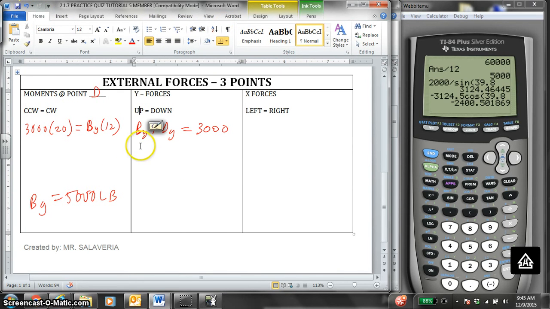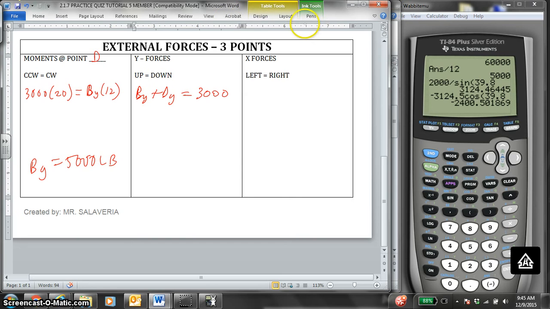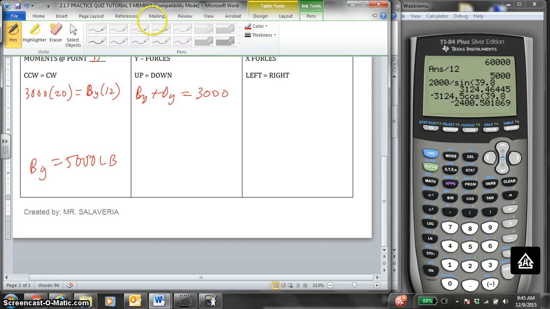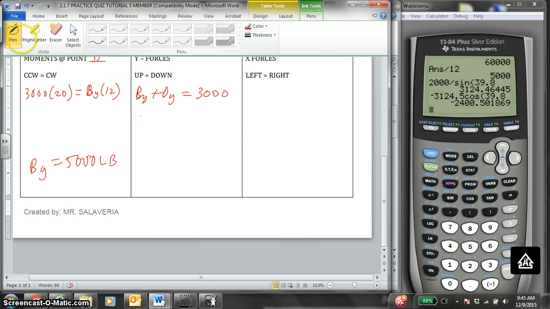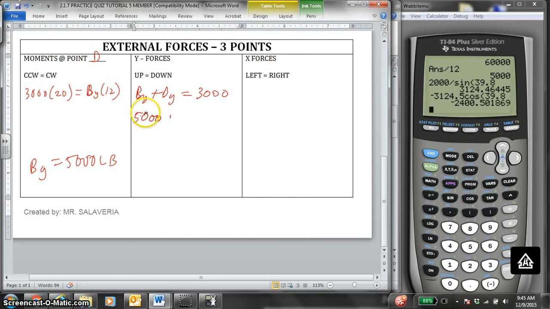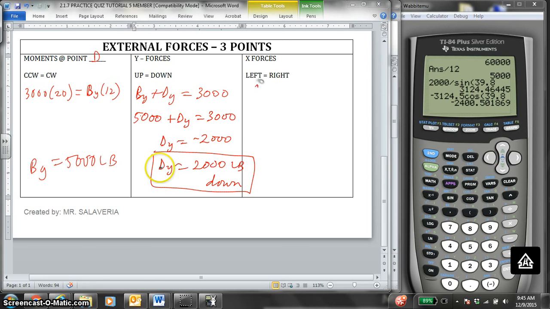Plug in this By here, 5,000, or Dy equals 2,000 lb down. This is a good answer. Then left equals right. 0 arrows are going to the left. The pin reaction at Dx is to the right. So Dx is 0 pounds.